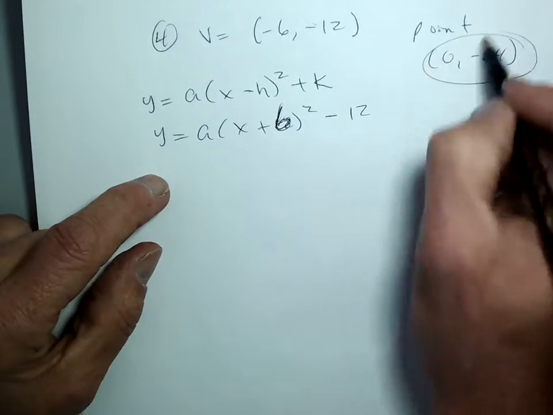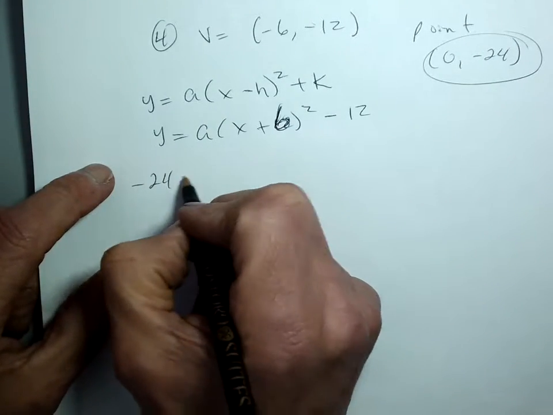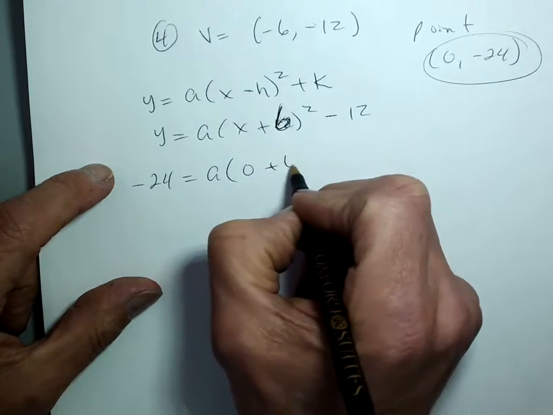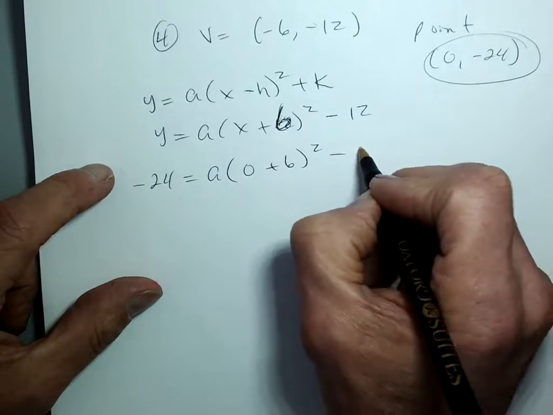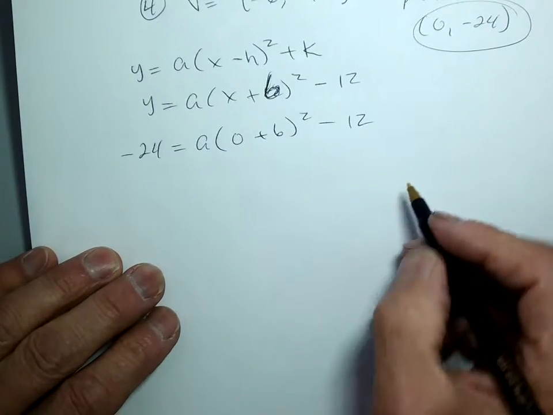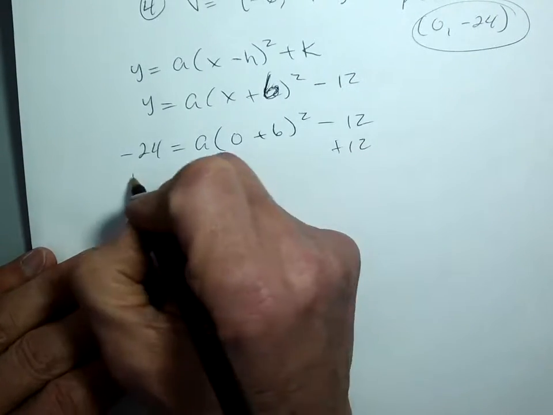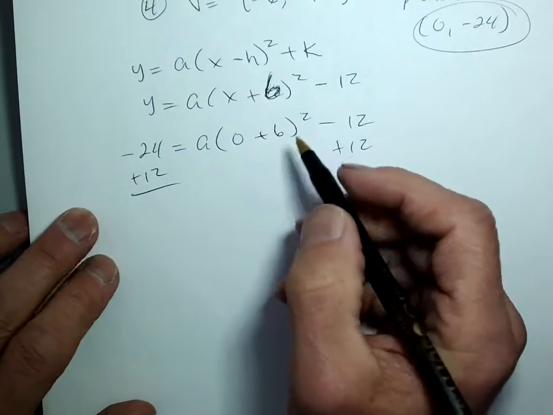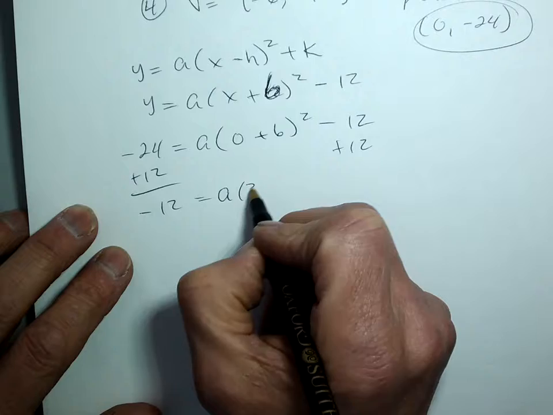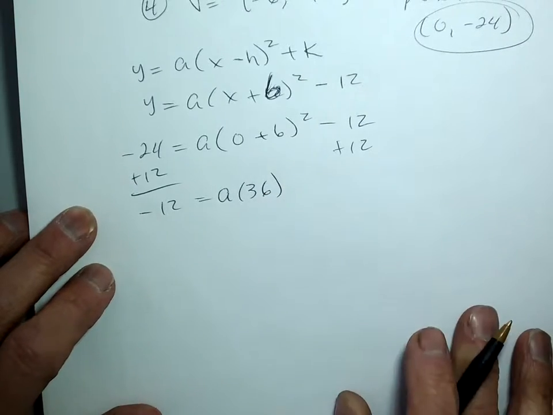Let's take 0, negative 24. Negative 24 equals a times 0 plus 6 squared minus 12. I'll even show the plus now, Alana. Alana, this is one you did, right? Plus 12, plus 12. No, this one Jeremy did. Yeah. Negative 12 equals a times 36, right?